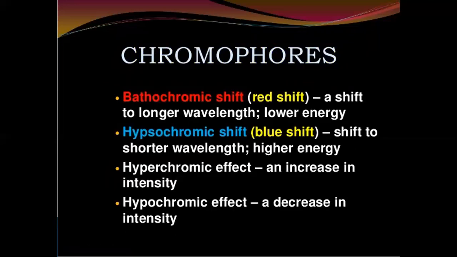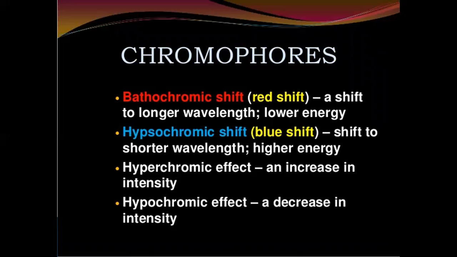Now, what are chromophores? For the methyl bond, the electronic transition sigma to sigma star, at 150. And for methane sigma to sigma star, for oxygen n to sigma star, 184. So these are all chromophores. What is a chromophore?